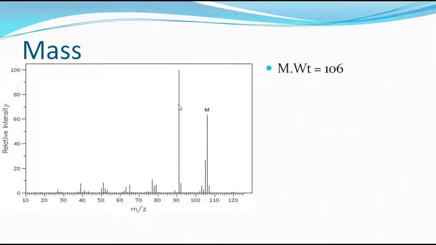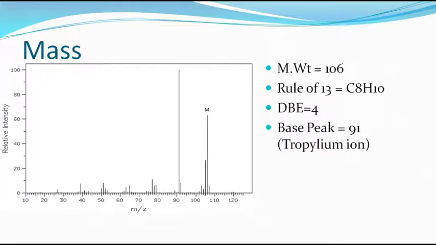The molecular weight is 106, and if you apply the rule of 13, you get the molecular formula as C8H10. If you calculate the double bond equivalent, that comes to around 4. Therefore, you can think of an aromatic ring. The base peak at 91 is another indication of the presence of an aromatic ring, that is a benzyl group, due to the formation of the tropylium ion.